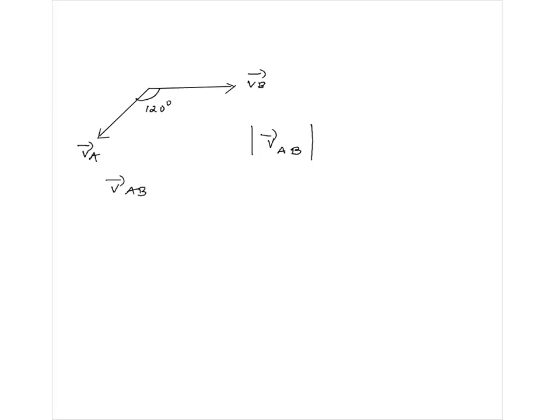VAB is given by VA with respect to O, if you like, minus VBO. So it's like saying VA plus VOB. VAO, VOB. If this is VB, this will be VOB.